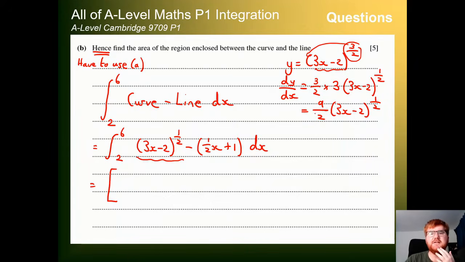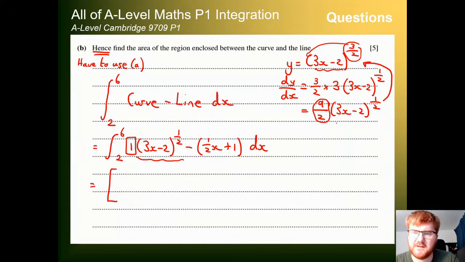So if I integrate this 9 over 2, 3x minus 2 to the power of a half, if I go backwards essentially, I will get to this. However, I've got a 9 over 2 here, whereas here I've got nothing in the front. So I want there to be a 1 in the front. That's what I mean by nothing here, just a constant 1.